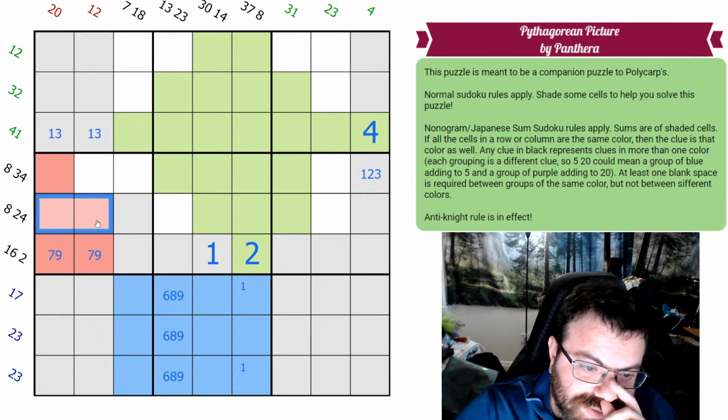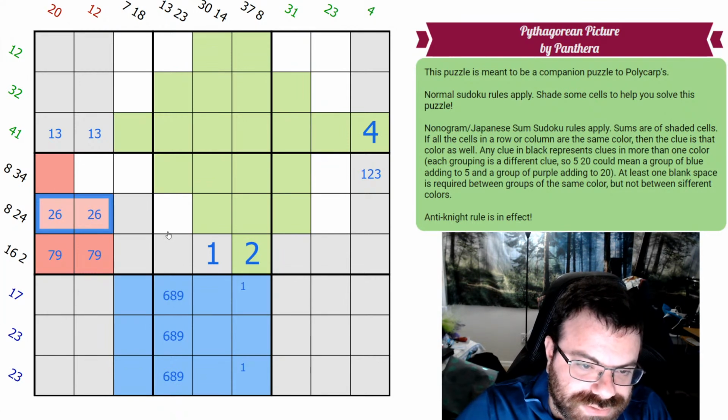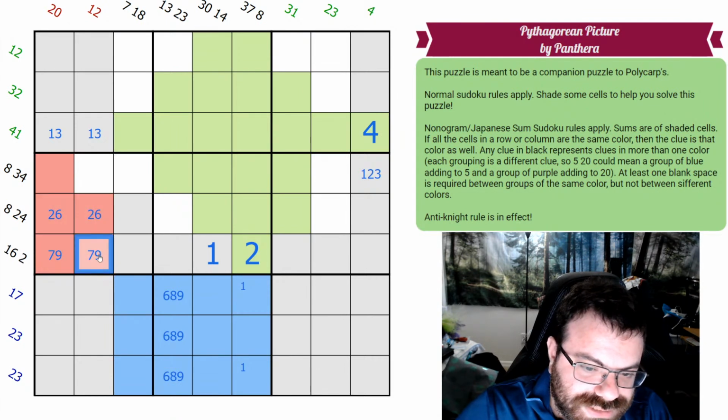That's good to know. So what can we actually be? We can't be 1, 7. We could be 2, 6. We can't use a 3. So that's it. It's 2, 6.